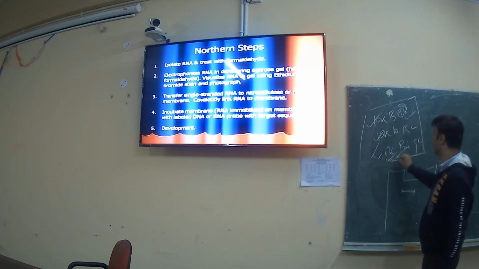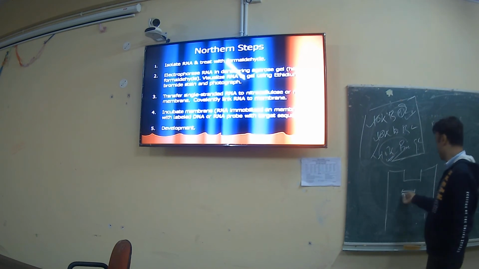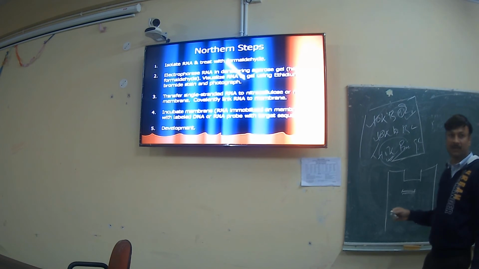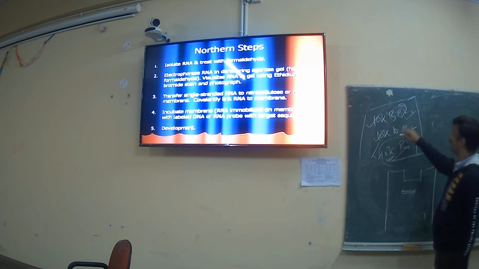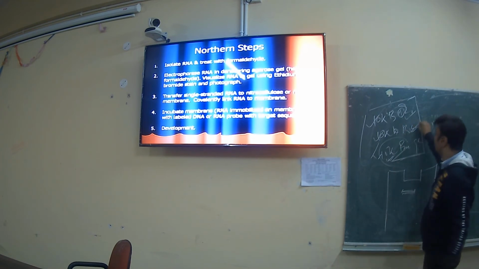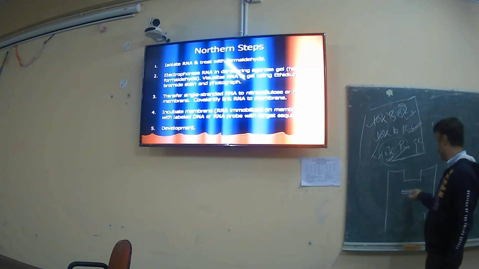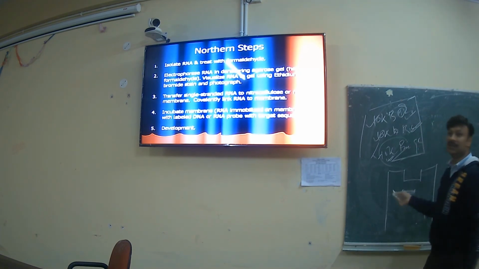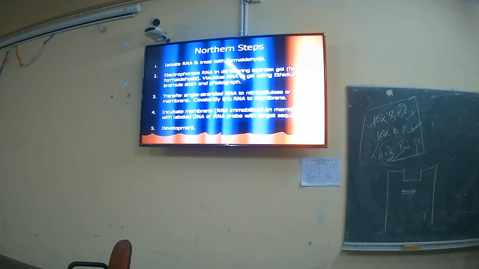Our theory says that the circular DNA moves some, so there is another band for the prokaryotic genome of 10 kb. So for the 10 kb RNA, will it overlap with the DNA, or will it go somewhere else?